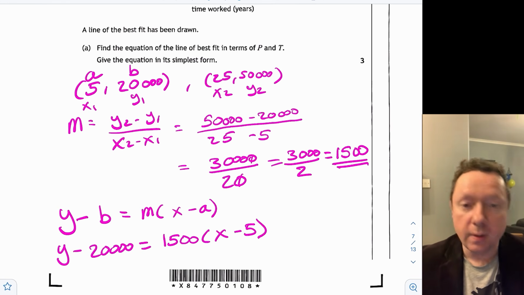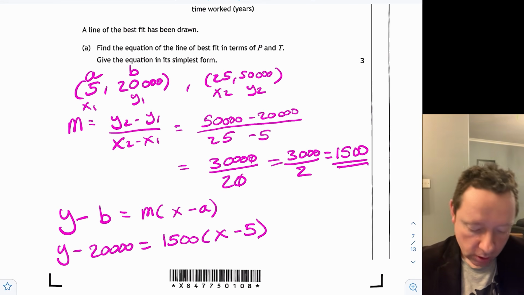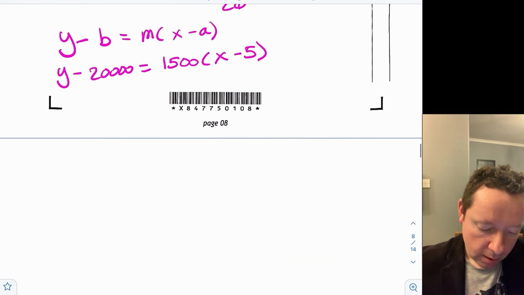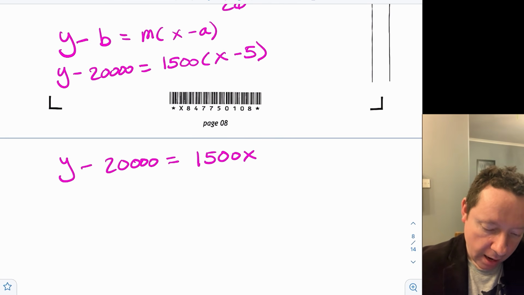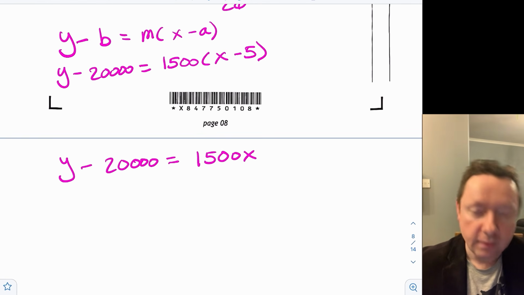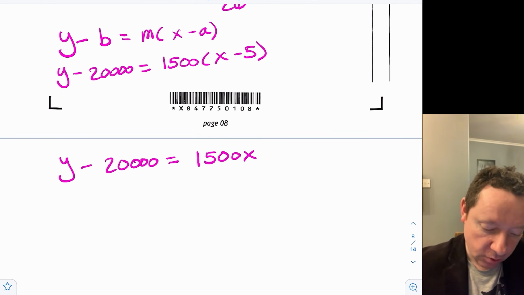Don't be worried about the big numbers because it ends in zeros, so we can deal with that. So that's y minus 20,000 equals 1,500x. And we need to do 5 times 1,500. So 5 15s is 75. So minus 7,500.